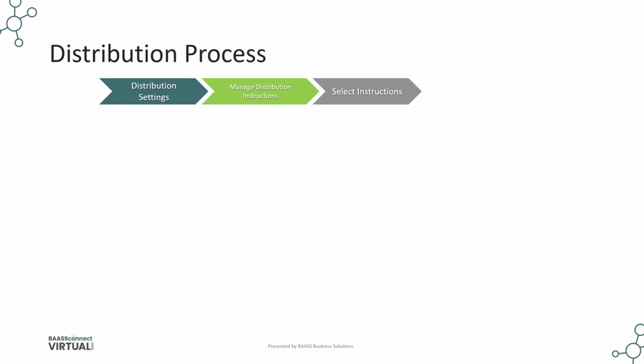Then after setting up the distribution instructions, we can choose for each distribution which instructions we would like Sage Intelligence to follow. So we would have multiple instructions saved. However, for the distribution we are going to proceed with, we'll need to select which instructions we would like to use.